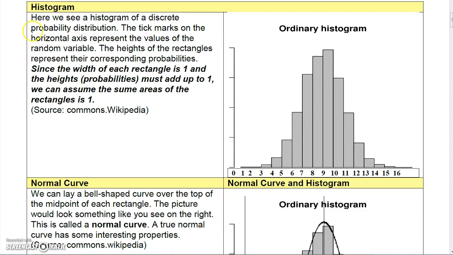Okay, here we see a histogram of a discrete probability distribution. The tick marks on the horizontal axis represent the values of the random variable, so 1 through 16. The heights are their probabilities.